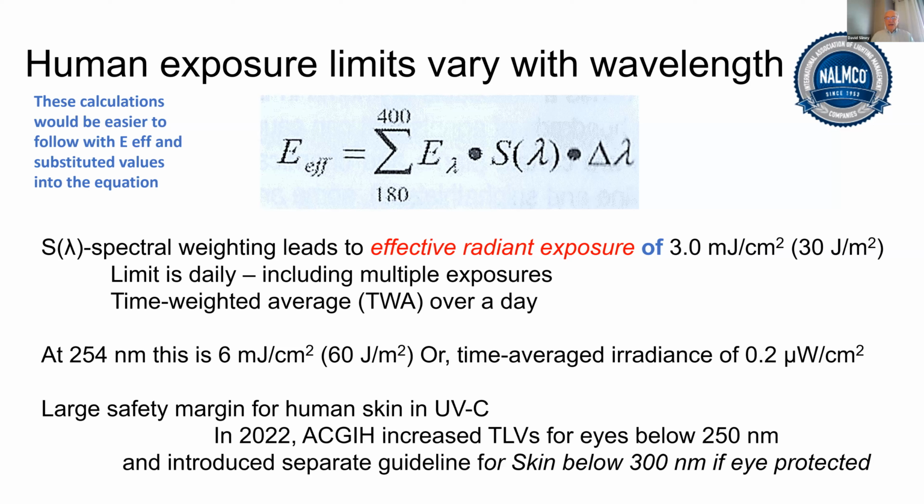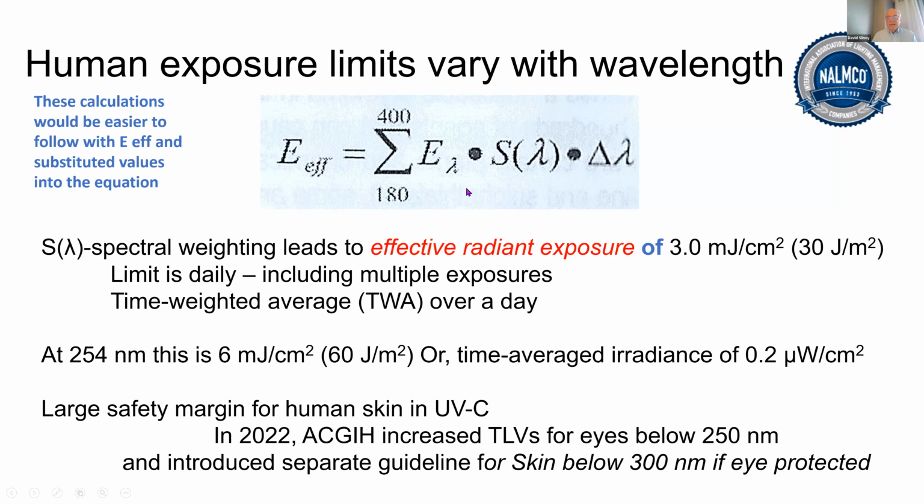have to do it if they introduce, say, for example, a new LED that operates in the ultraviolet. They would need to weight the spectral distribution of the lamp, E of lambda, by the weighting factor, S of lambda, for every little interval as it goes across the spectrum.